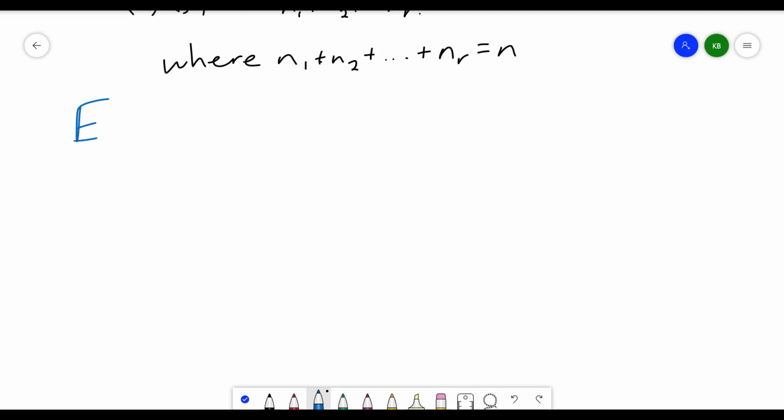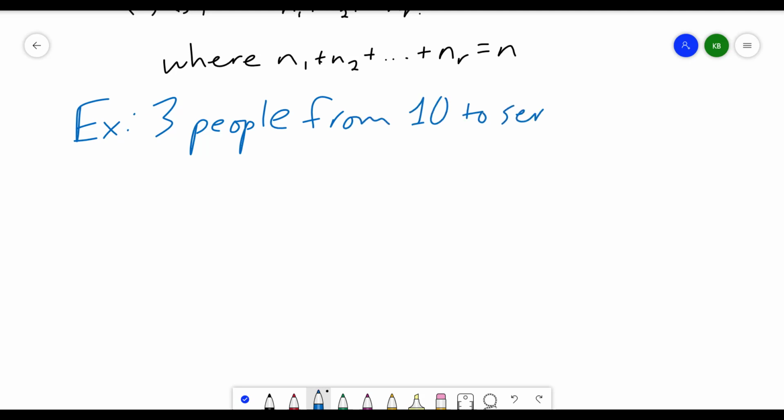So say I want to pick 3 people from 10 to serve on a board. The board doesn't have any kind of distinguished positions that any of these people can have, so I don't really care what order they get selected in. All I care is that 3 people get selected.